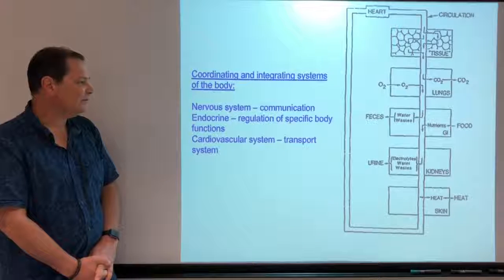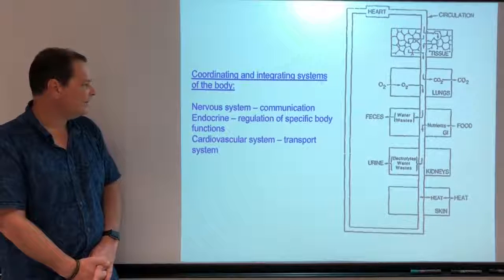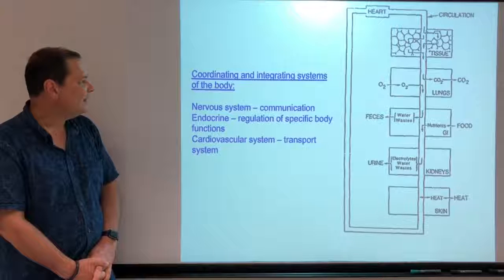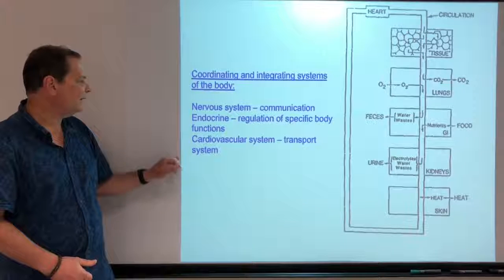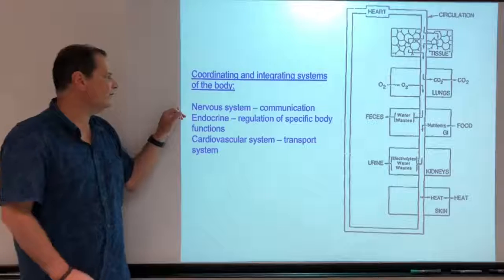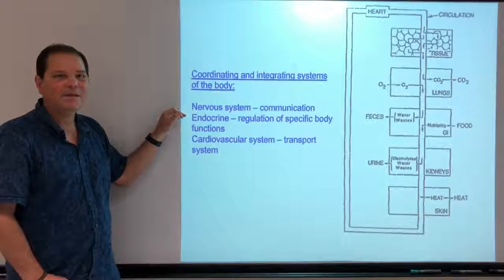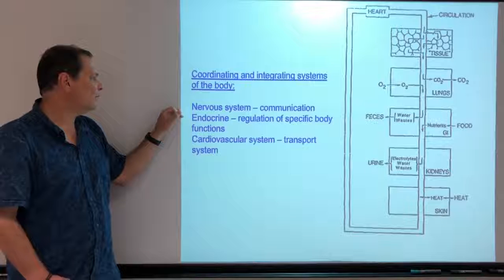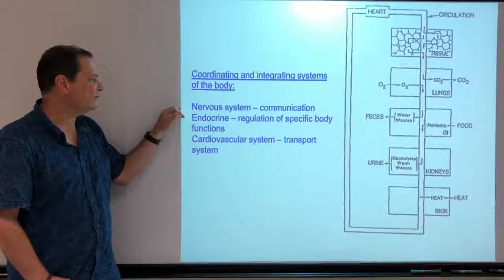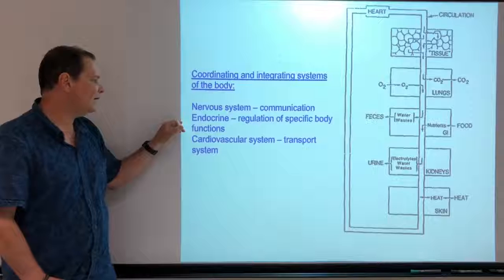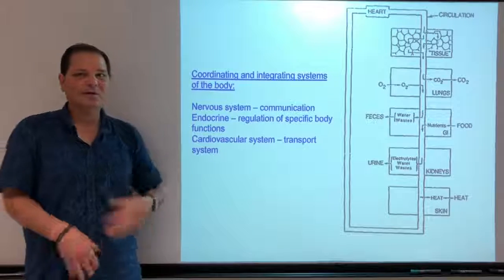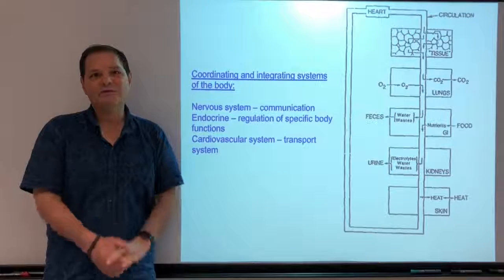Your cardiovascular system, represented on the left there, is one of the three coordinating systems of the body. The nervous system you'll learn largely about in a later block, focusing on the central nervous system. The endocrine system you learn about more or less in all the organ system blocks.